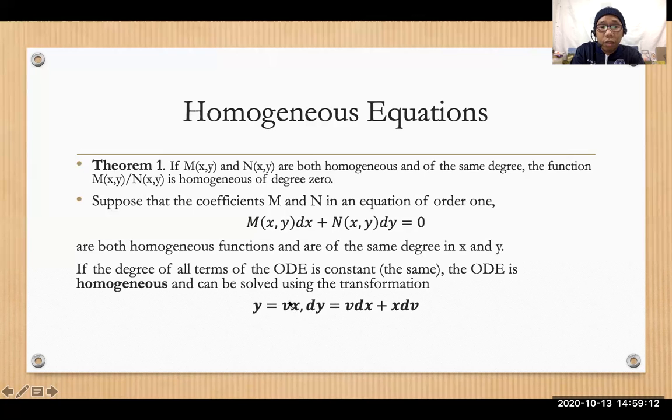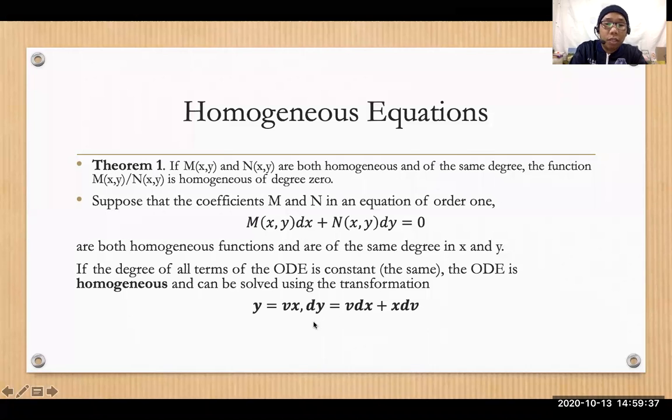So in here, we are going to introduce a variable v. Although in some books they use different letters to represent it, like t and lambda. Here we're going to use v. And of course, if you are going to replace y by v times x, you need to also replace its differential. So along with it, dy is equal to v dx plus x dv.